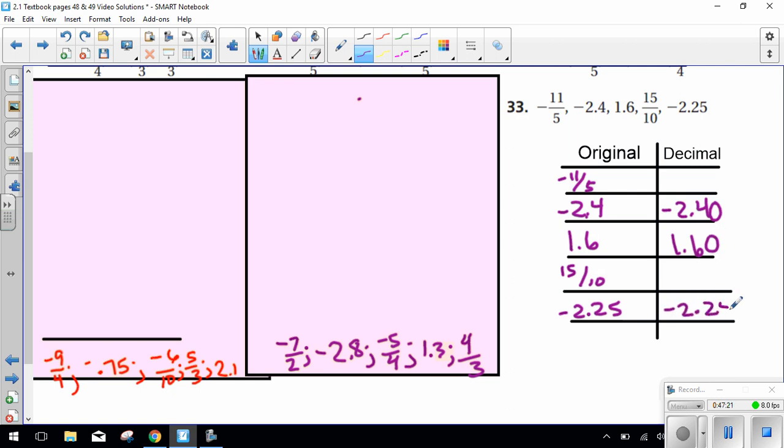Okay, so this is great. 3 out of my 5 numbers are already decimals. So I'm just going to come over here and convert -11/5 to a decimal.